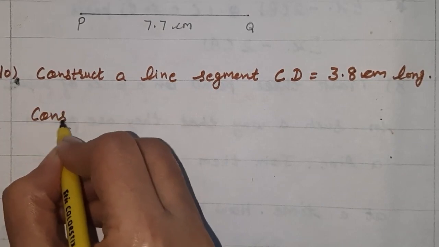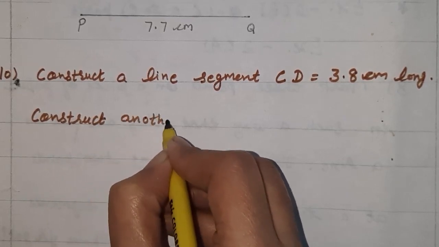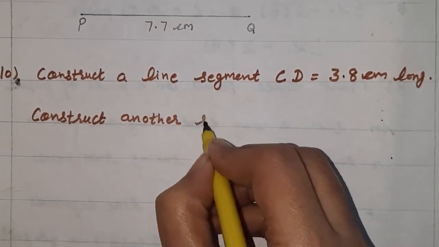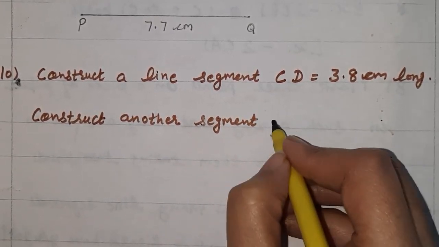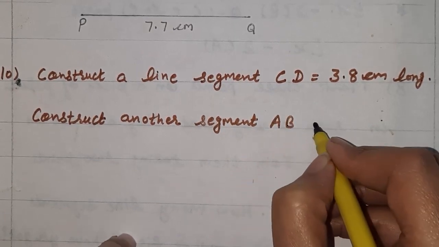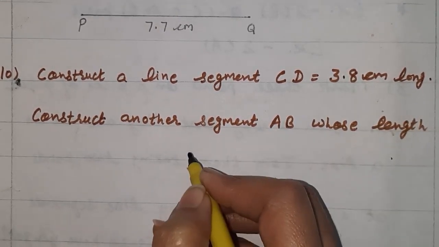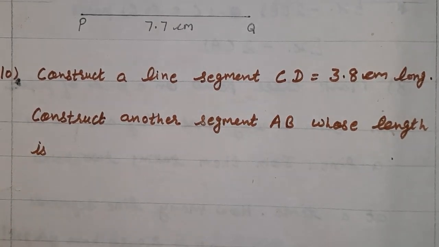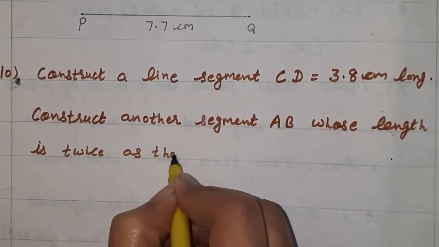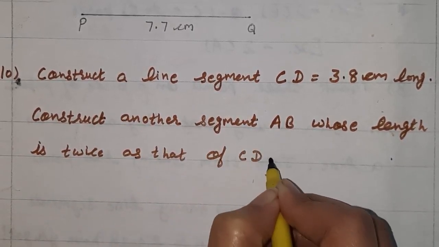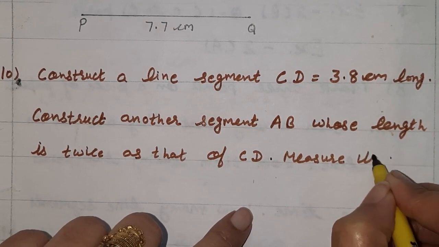Construct another segment AB whose length is twice as that of CD. Measure its length.